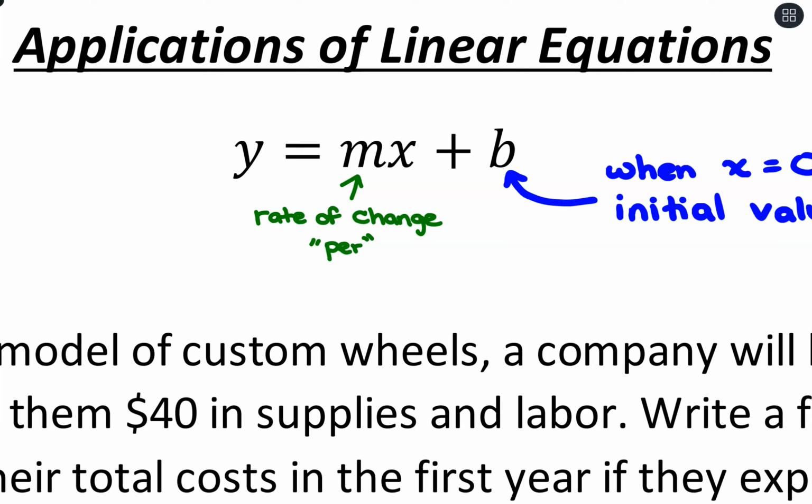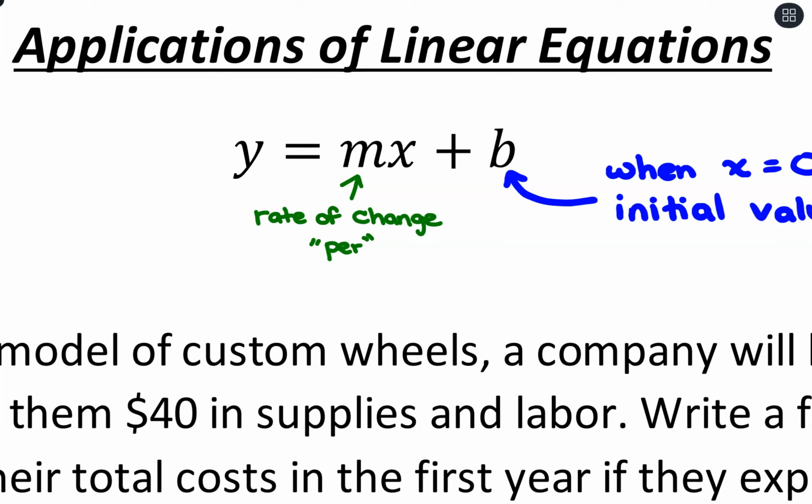And that terminology right there is our slope and intercept. That $30,000 is going to be our y-intercept, and that variable cost is going to be $40 per wheel. So what we could do is form an equation, T equals, and our slope is going to be that $40 per wheel plus that $30,000 from that initial cost.